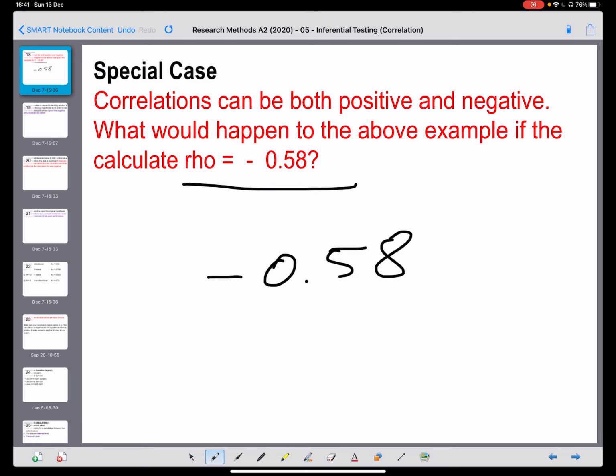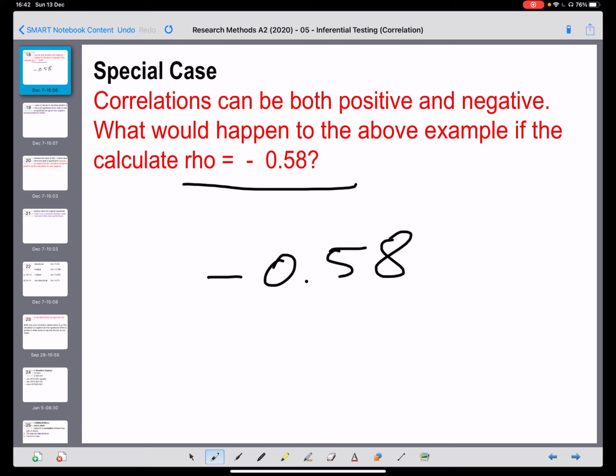Now, of course, part of me would say, oh, we need to remember my hypothesis said that there would be a positive correlation. So if they have an answer that is negative, I can reject the hypothesis straight away. But that is often seen as a more complicated case. So please look out for tricks like that.